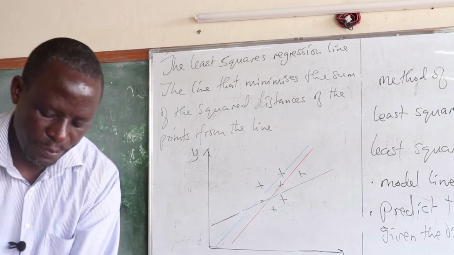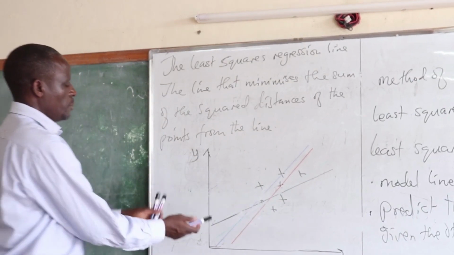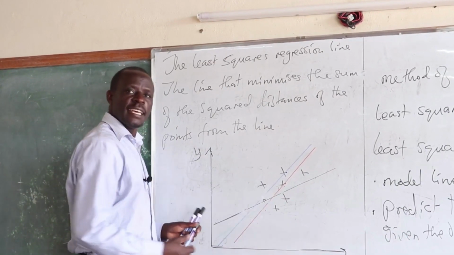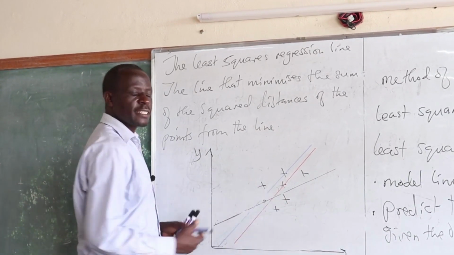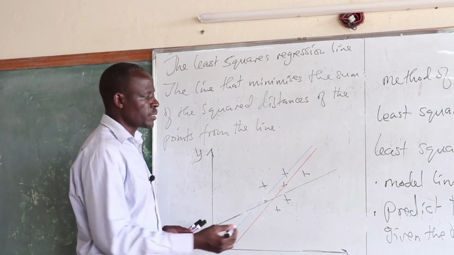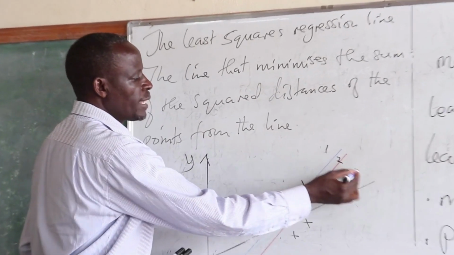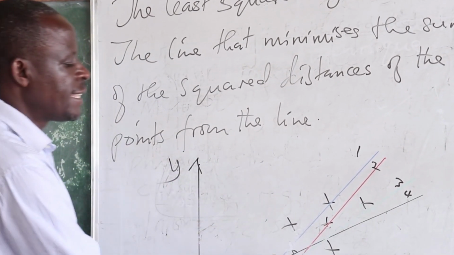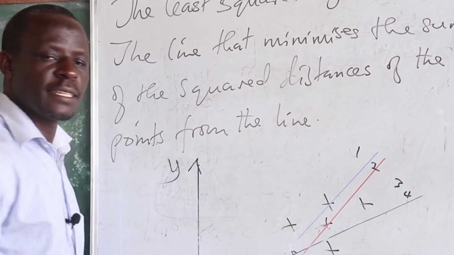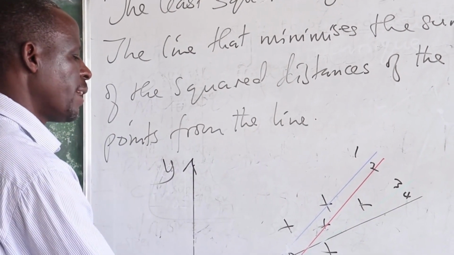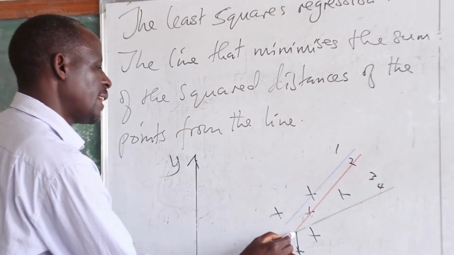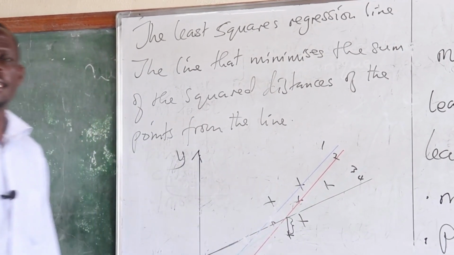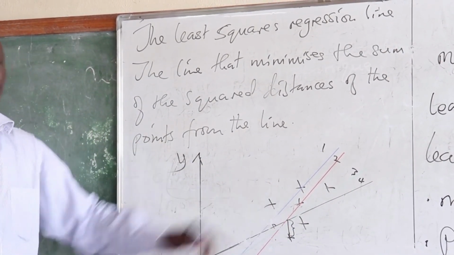These 4 lines, when you look at them, all of them are showing an increase in y given x. So all of them are describing the relationship between these two variables: line number 1, line number 2, line number 3, line number 4. Now, if I take this particular point and go up to line number 4, this distance is the deviation of this point from the line.